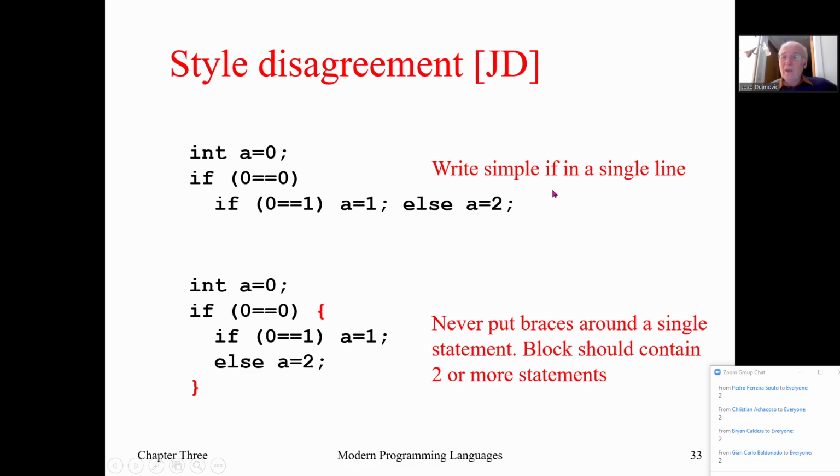So another thing that I suggest: never put braces around a single statement. It is redundant, and blocks should contain 2 or more statements. And never put braces that are not one above the other. Because if you have not one statement here, but 100 statements, then you have this brace somewhere on the next page of your code.